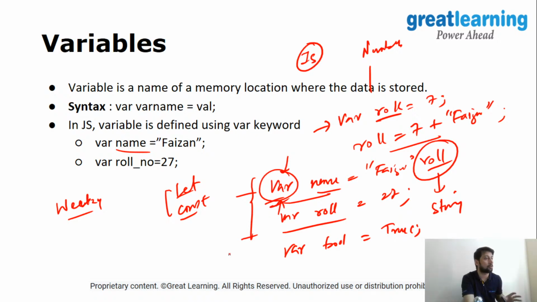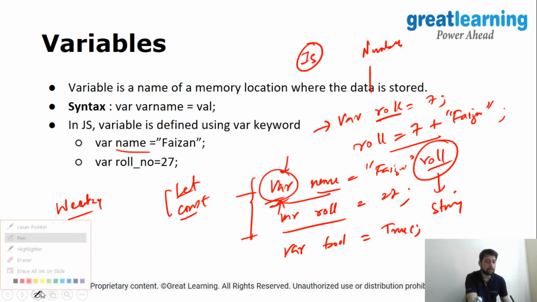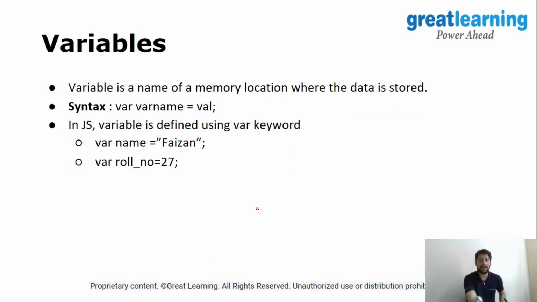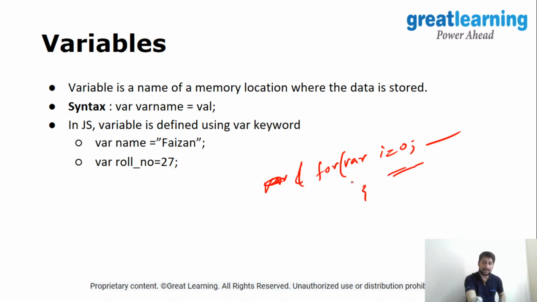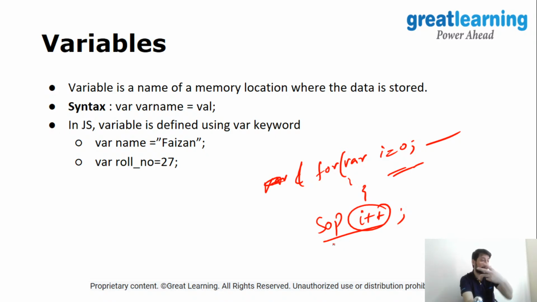Now these things are not possible in Java. They will throw you an error. There are many things, right? Scope. If you have declared a variable inside a for loop, let's suppose I'm declaring a var, writing i equal to 0, and doing something in it. Can I access this i outside the for loop in Java, can I print it?